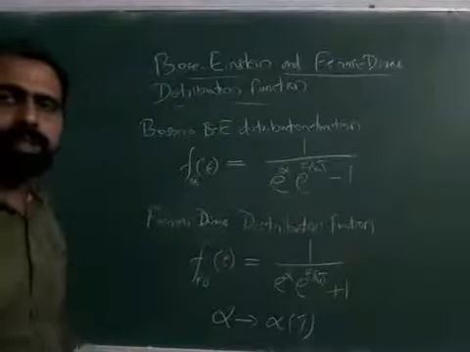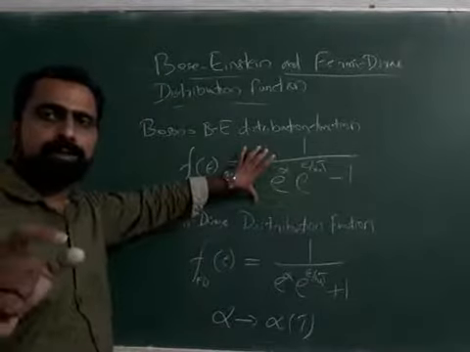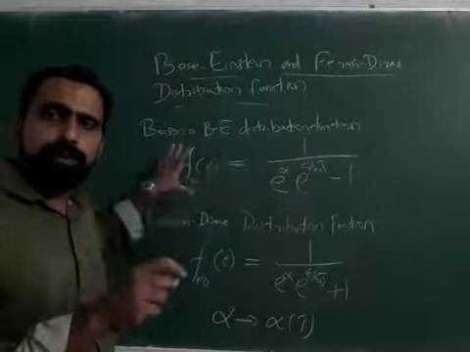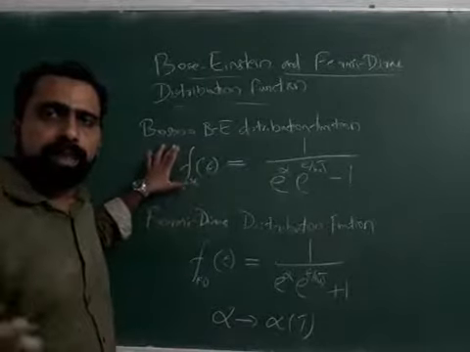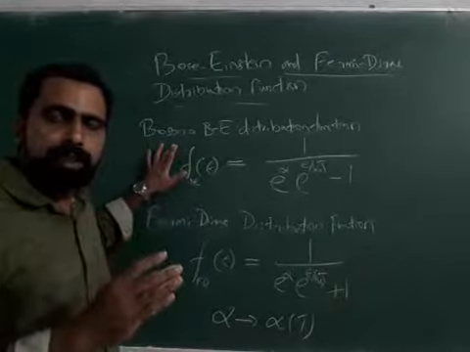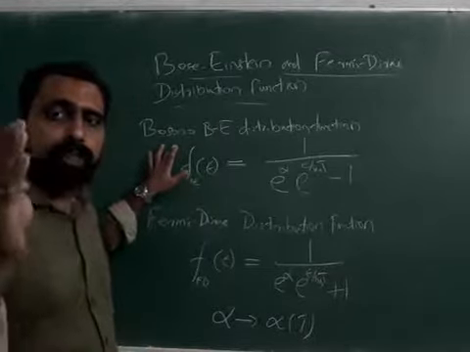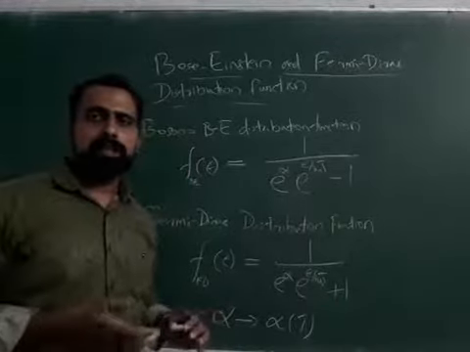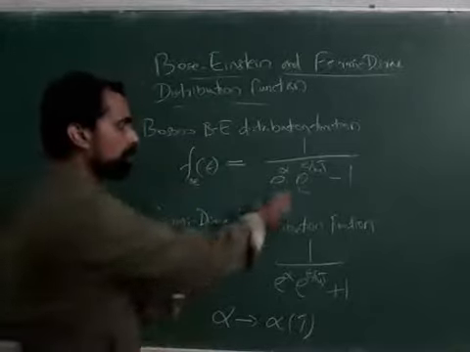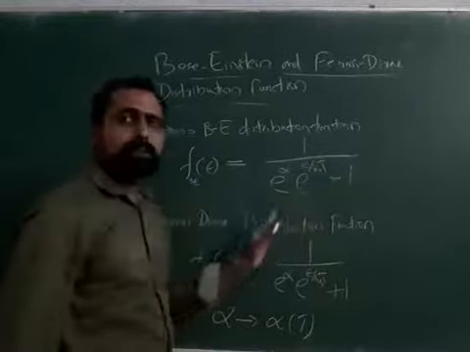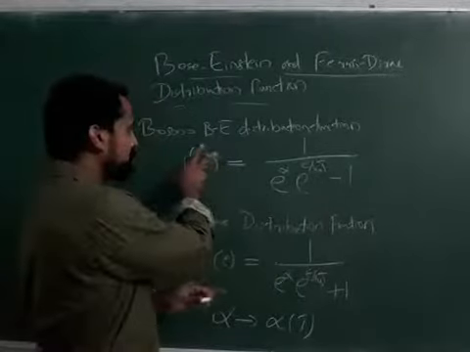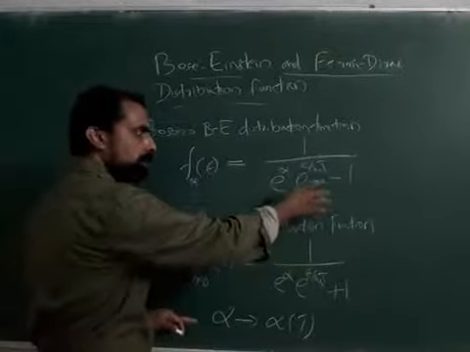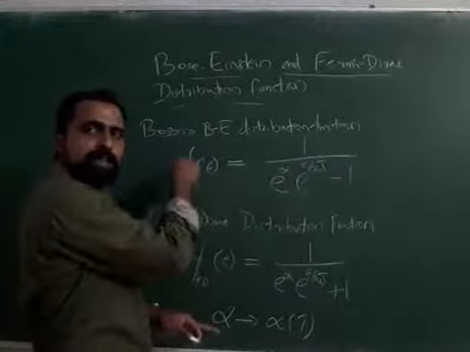This minus 1 increases the likelihood of occupancy of multiple particles in a condensed state for bosons, compared to the likelihood of occupancy in the case of distinguishable particles, the particles which obey the Maxwell-Boltzmann distribution. In the denominator you have a negative 1, which reduces the quantity, so that it increases f of epsilon.